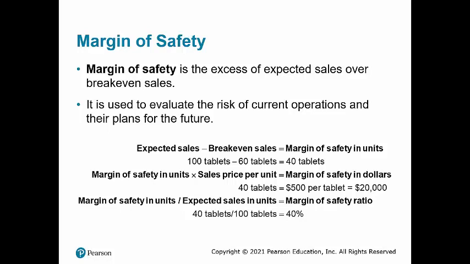To calculate the margin of safety in dollars, we take the margin of safety in units, 40 tablets, multiply it by the sales price per unit of $500 per tablet, and we get $20,000 as the margin of safety in dollars. To calculate the margin of safety ratio, we take the margin of safety in units, 40 tablets, and divide it by the expected sales in units of 100 tablets, and we get a margin of safety ratio of 40%.